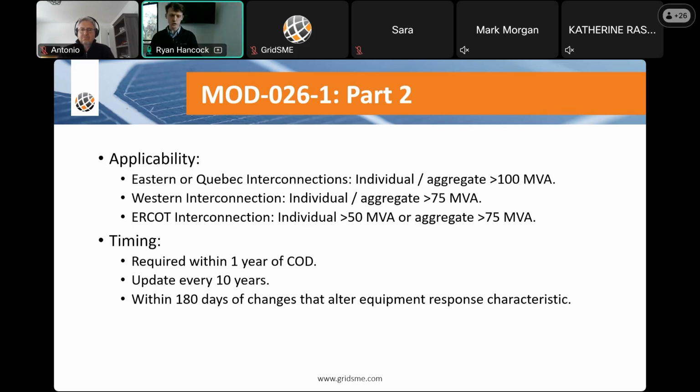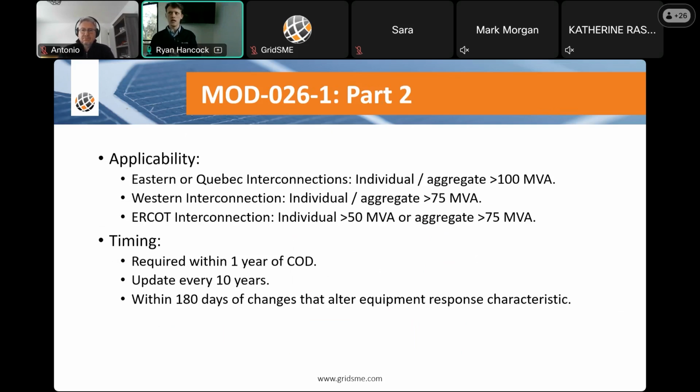So who's applicable? What makes a project need to submit Mod 26? This is one of the standards where the project location is going to have an impact on applicability, as we'll see with Mod 27 coming up next year.